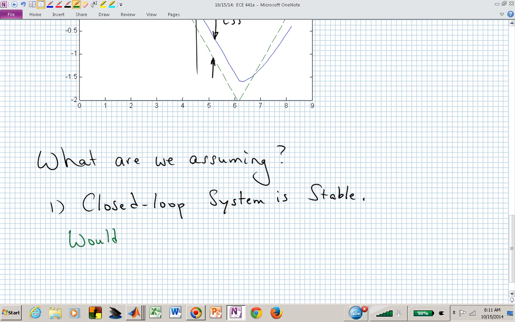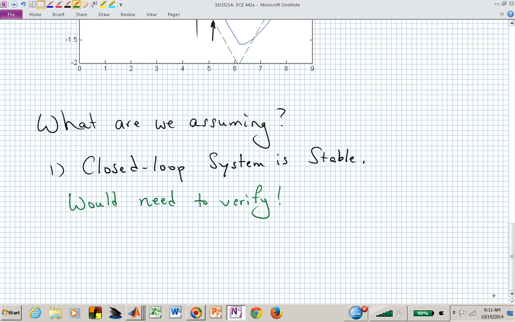Now, how would we verify? Or we would need to verify closed loop stability. And how would we do that? Pardon? You would look at the locations of the poles, and the poles are our closed loop system, aren't they? The closed loop system poles, those are in all of our transfer functions.